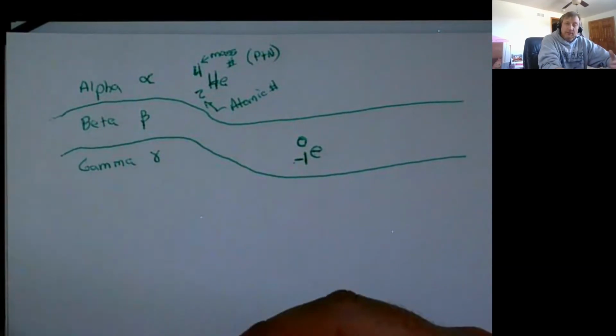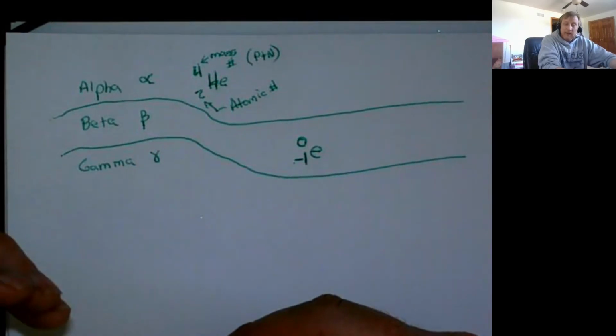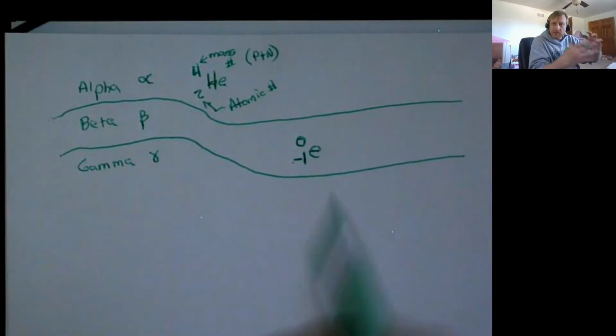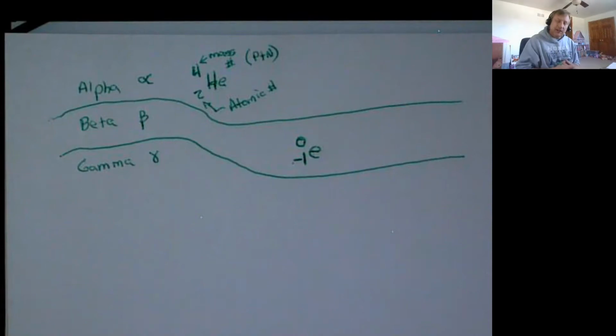Or an alpha emission might be an alpha and a gamma, because that nucleus has lost some binding energy, and that energy needs to be translated to the universe somehow. It can't just be lost. Energy is conserved. And so this decay can also be accompanied by an outpouring of energy. That outpouring of energy is known as a gamma ray.